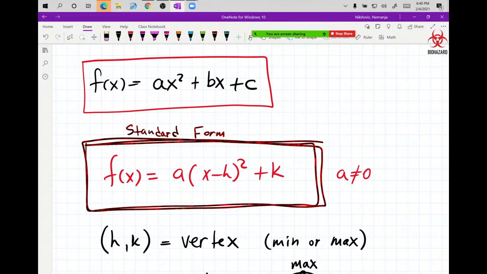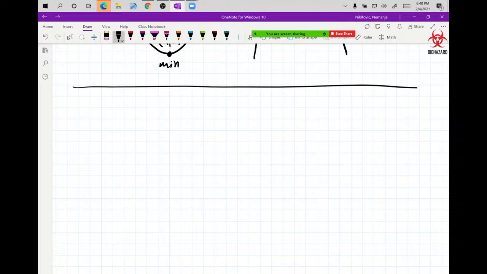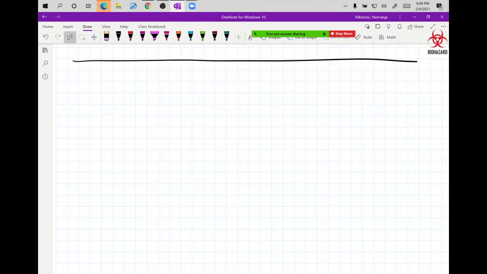So this a has a dual purpose: reflections and also stretch and shrink. The h and k are in charge of moving it left and right and up and down, which is what we do next, because we take a look at the example and see all of those at work.